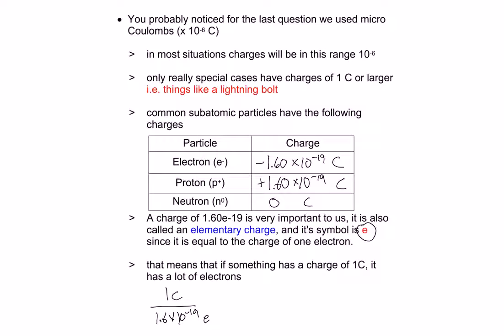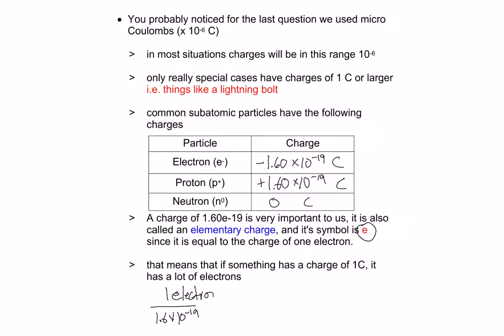So we try to figure out how many electrons per coulomb. I guess I got that backwards. So 1 electron has 1.6 times 10 to the negative 19 coulombs, right? So let's write it like that.